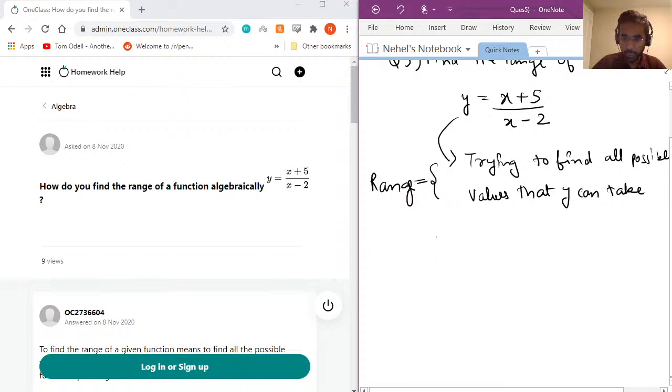The way we would do that is we would cross multiply the denominator with the left hand side, which equals x plus 5. So yx minus 2y equals x plus 5.